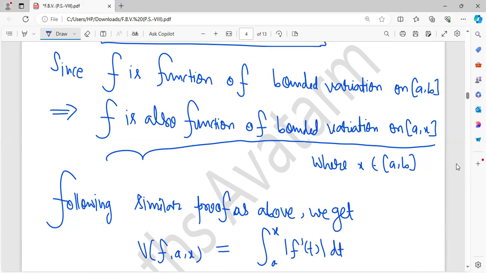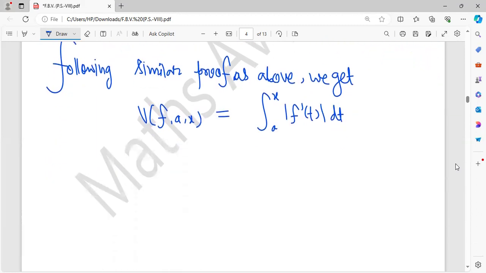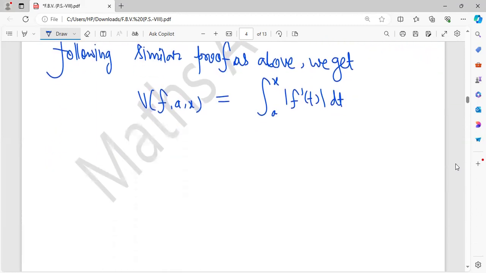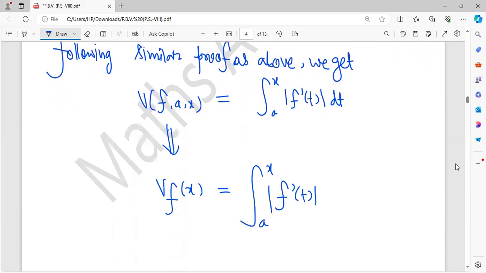But this function is nothing but the variation function, V_f(x). So we got this.